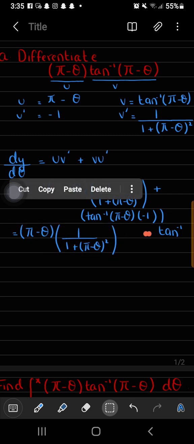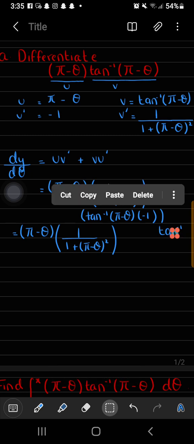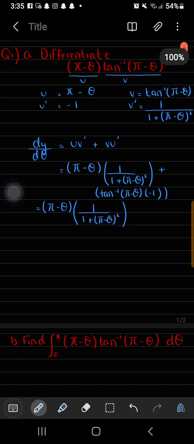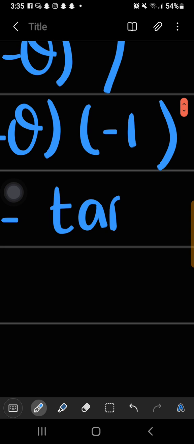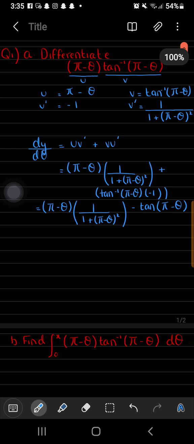Yeah, I can write it here. So it will be minus tan inverse (pi minus theta). So this part is done here.